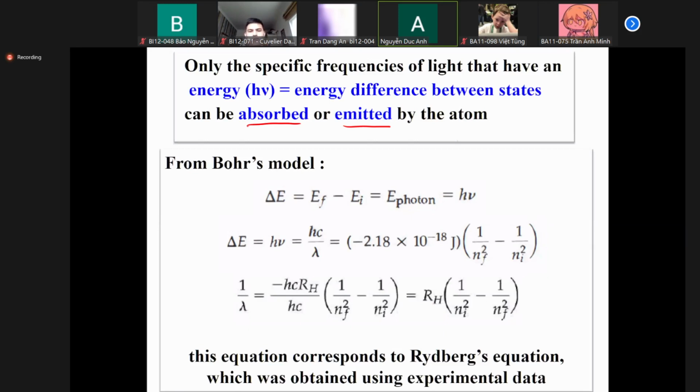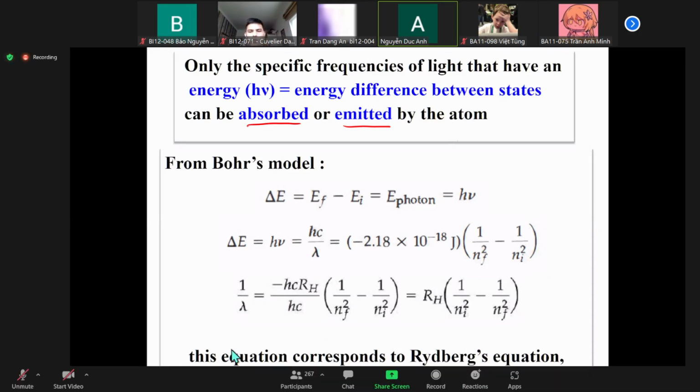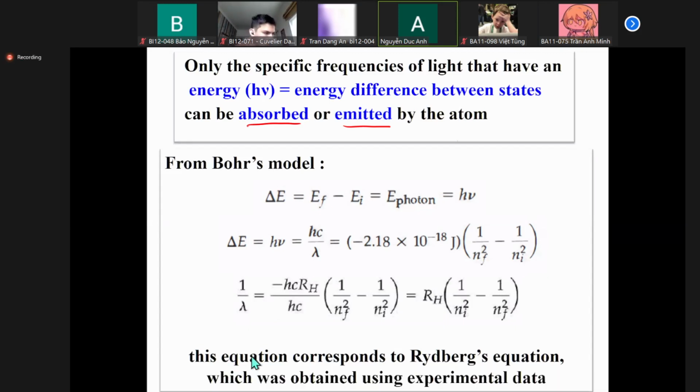It cannot move from number 1 to something like number 2.5 because you don't have the allowed state of 2.5. So in this case, the energy of the atom in the absorption process or emission process will be the difference in energy between states.